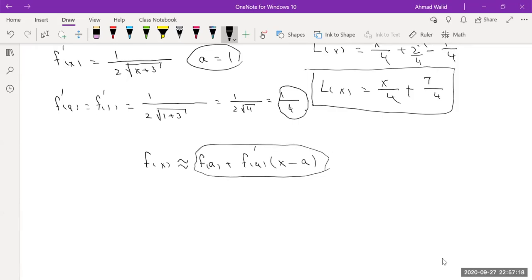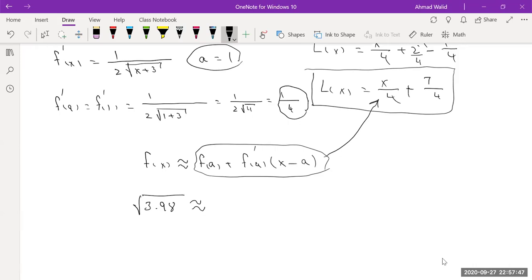This part is this one, x over 4 plus 7 over 4. Now I can write the square root of 3.98, which the problem is asking you to find, approximately equals x over 4 plus 7 over 4. Now you have to know how much is x.